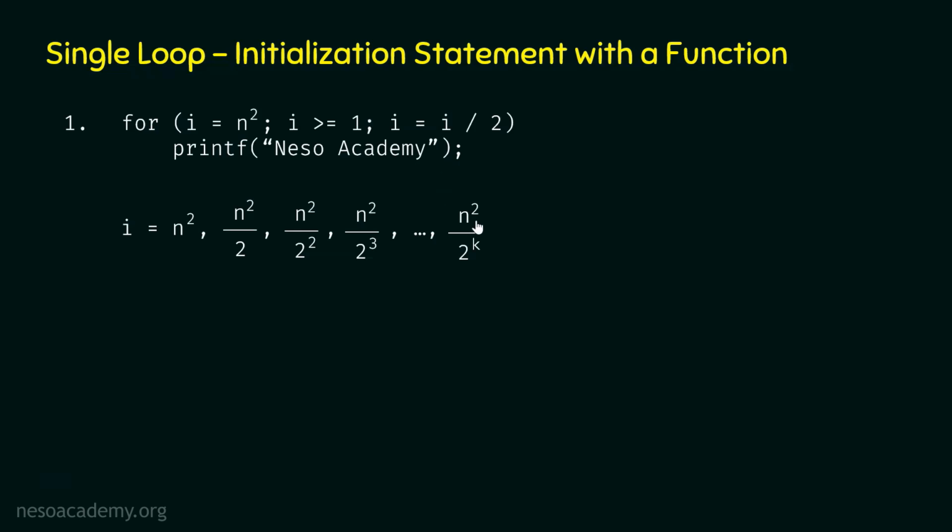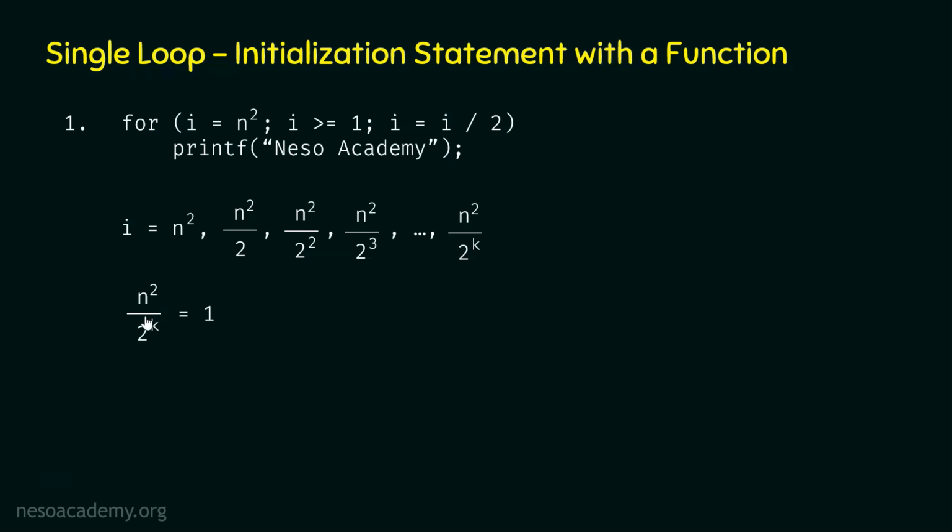We know n square by 2 power k is equal to 1. This is our assumption. So we have this equation n square by 2 power k equal to 1. Now we need to solve this equation to find the value of k in terms of n. Let's do this now. We can simplify this equation further.